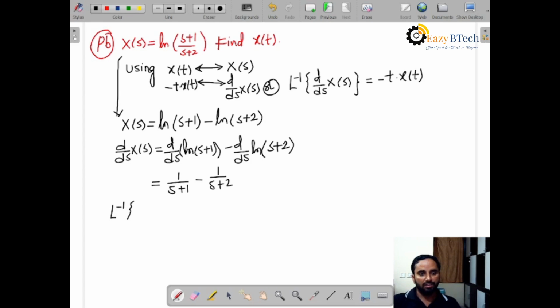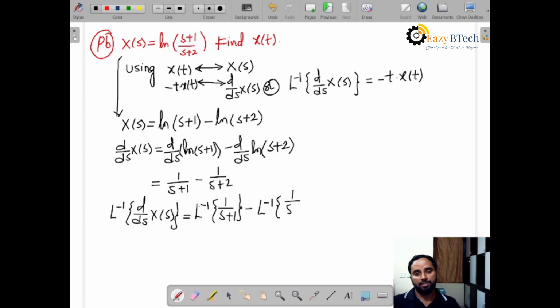So L inverse of d by ds of x of s is equal to L inverse of 1 by (s plus 1) minus L inverse of 1 by (s plus 2). So we know that e power minus a t u of t has Laplace transform 1 by (s plus a), right?